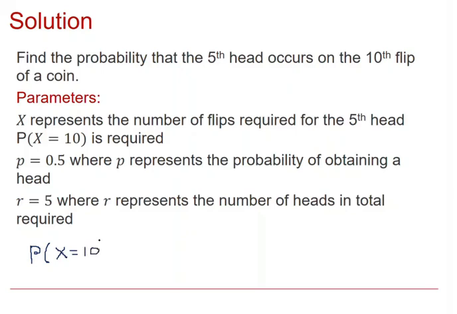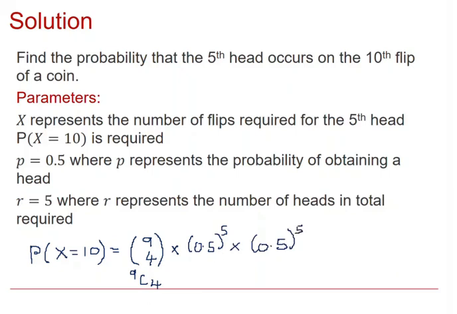That we need 10 trials before we achieve the fifth head, and that would mean that we require 4 heads in the first 9 trials, and the number of ways in which that can happen is 9C4, and then we are going to require 5 heads altogether, and therefore also 5 tails.